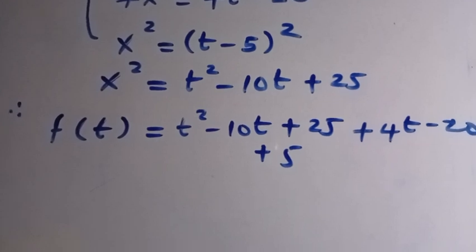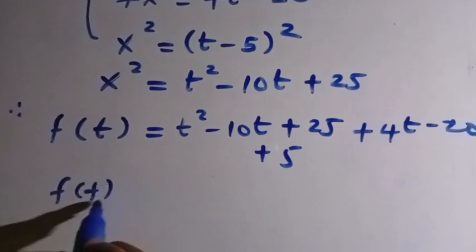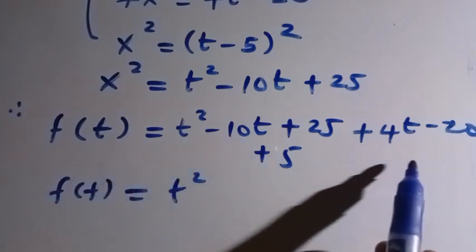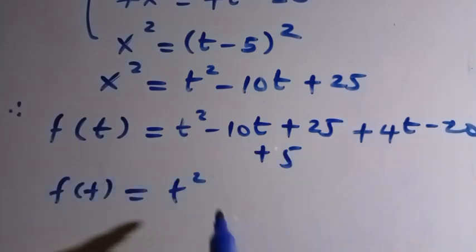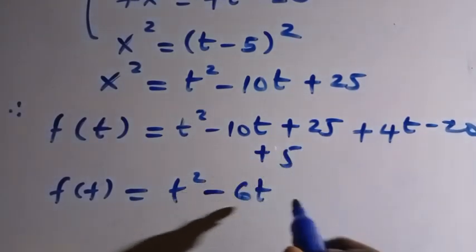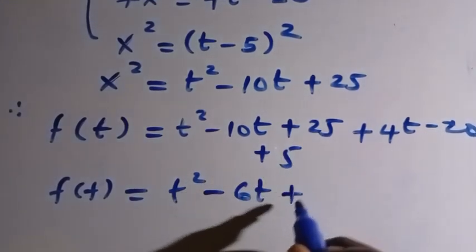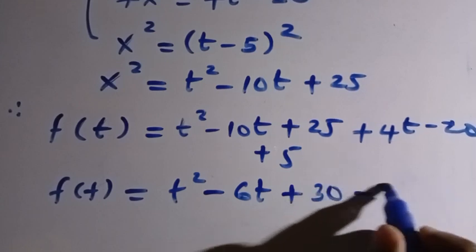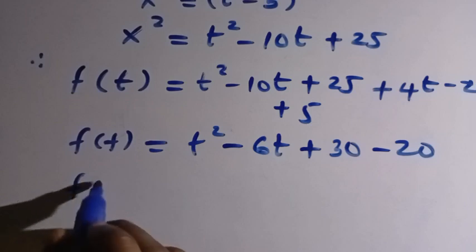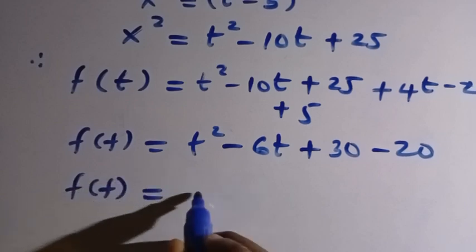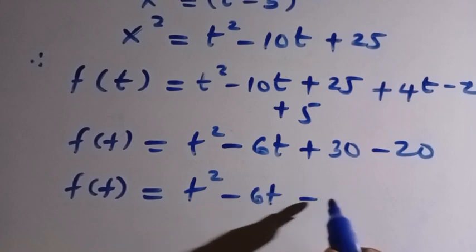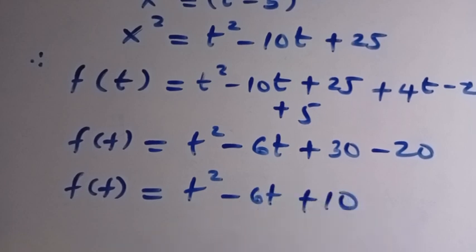With what we have here, f of t equals t squared, then minus 10t plus 4t, that is minus 6t, and 25 plus 5, that is 30, then minus 20. So by this, we have f of t equals t squared minus 6t plus 10.